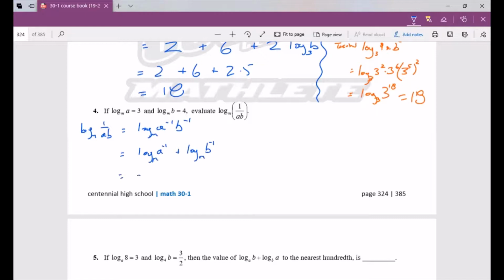And then this is equal to negative log a base m minus log b base m. So just bringing those exponents of negative 1 down front, write them as your coefficients. Notice that a and b were both in the denominator, so those are both now just negative. And this ends up being equal to negative of 3 minus 4 equals negative 7.